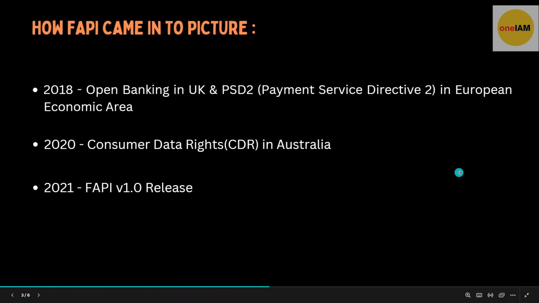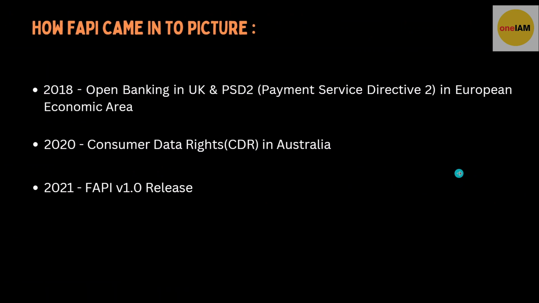Now let's see how financial grade API security came into the picture. For this we need to go back to 2018, where PSD2 emerged in the European Economic Area and open banking in the UK as well. In 2020 in the Australian region they had the Consumer Data Right, which introduced open banking to Australia as well.